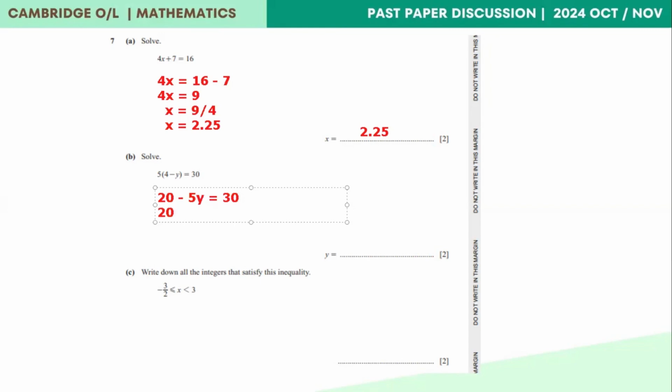So plus 30 when it moves to the left becomes minus 30, and minus 5y when it moves to the right becomes plus 5y. So 20 minus 30 is going to be minus 10 equal 5y. So y is equal to minus 10 divided by 5. In that case, y is going to be equal to minus 2. I hope it's clear.